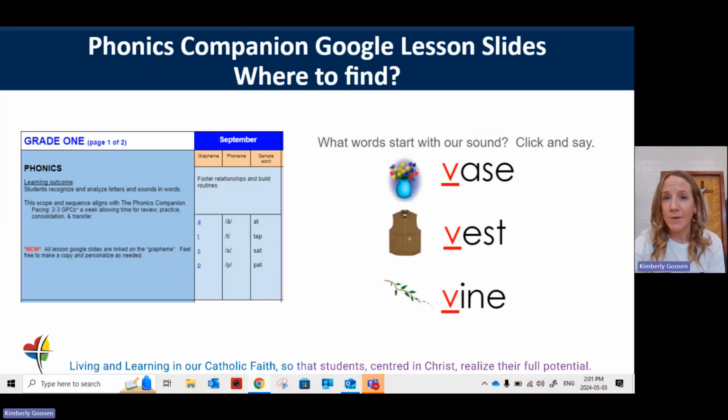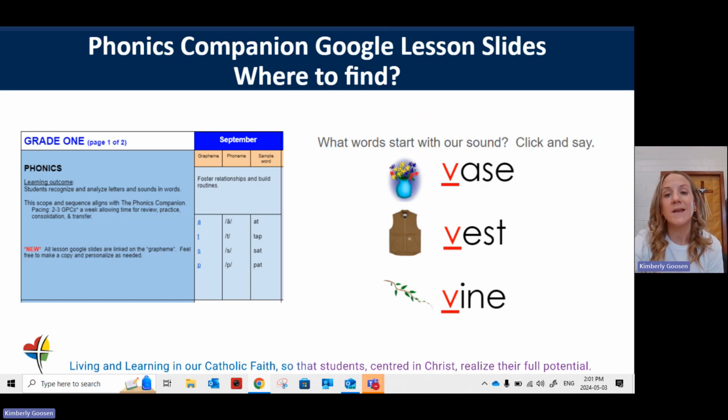So let's dig into some of the resources that were created with this idea of comprehensive literacy. So the Phonics Companion, again, a phonics program that was purchased for grades 1 and grade 2 teachers. Last year, there was a scope and sequence guide that was created, but this year we have also created Google lesson slides.